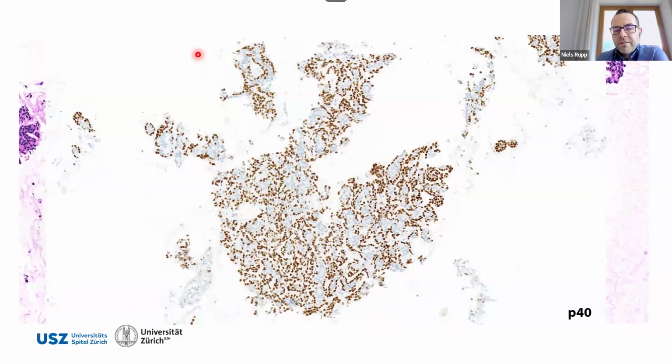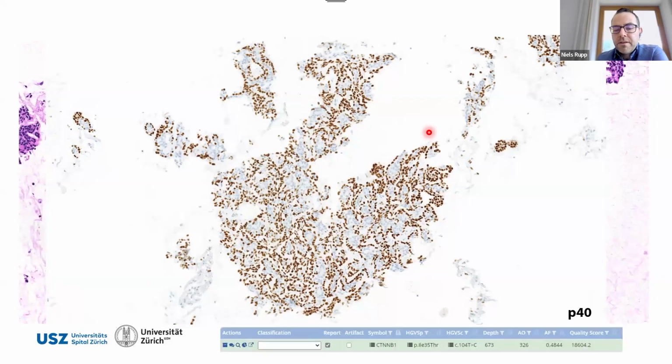It's very nice to see that we have a very organoid biphasic differentiation throughout the whole lesion, or at least throughout the whole specimen we have here. This case was also sequenced and showed a quite typical CTNNB1 mutation. So here the final diagnosis is a basal cell adenoma.